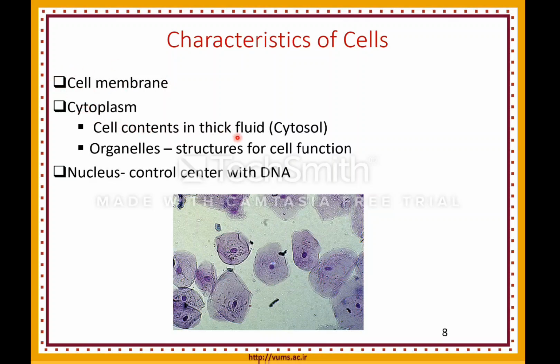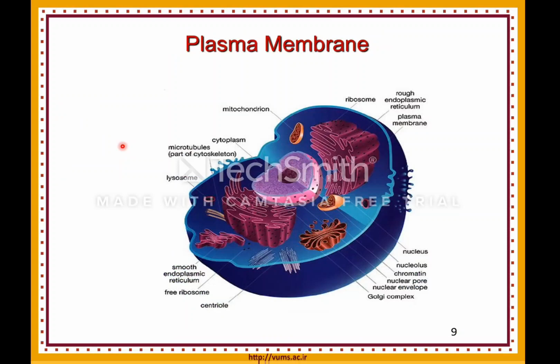The cytoplasm includes the cytosol and also organelles. And the nucleus is mostly located in the center of the cell and controls all the functions of the cell. We want to know them one by one in this session.